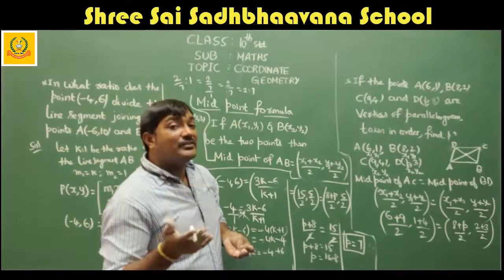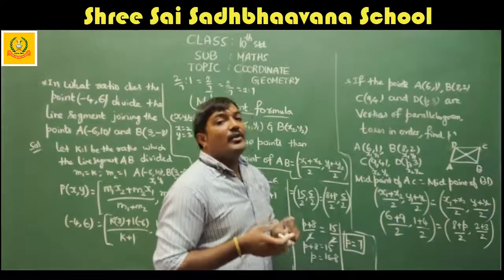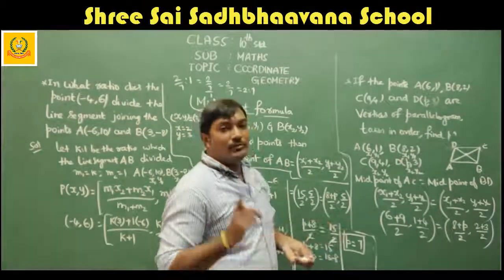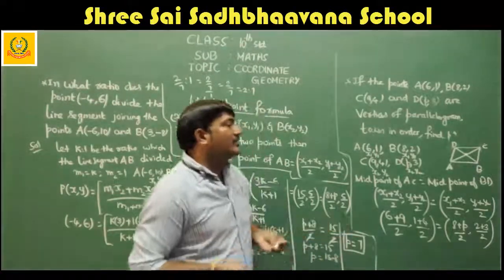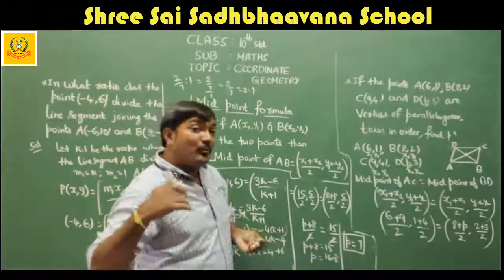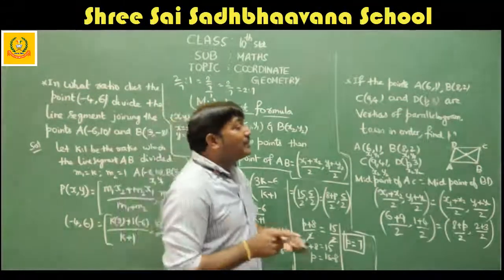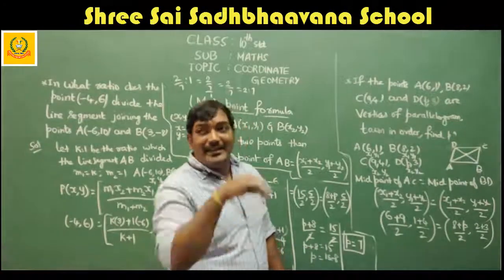How to find the length of the side? We can use distance formula. Means you can find distance of AB, you can find distance of CD, equate both, and you can find P value. That is one way. The other easiest way which I followed is, one more property of a parallelogram. What is that? The diagonals of a parallelogram bisect each other.